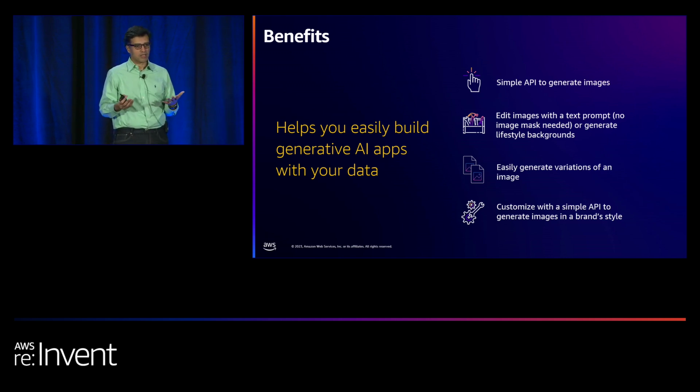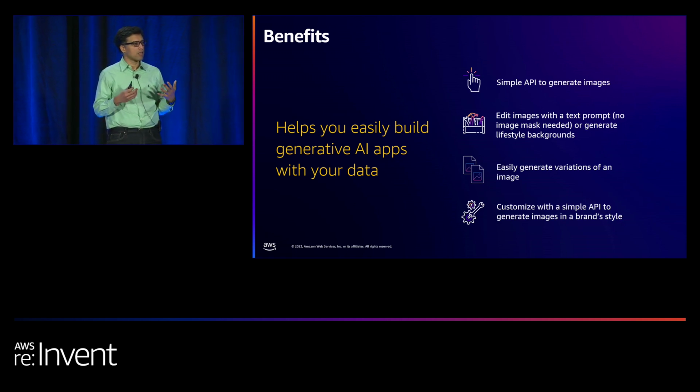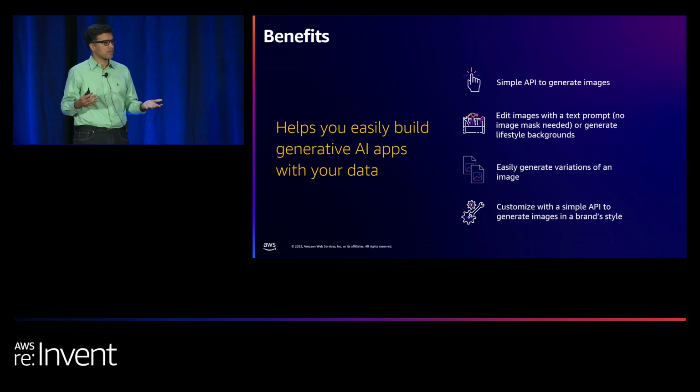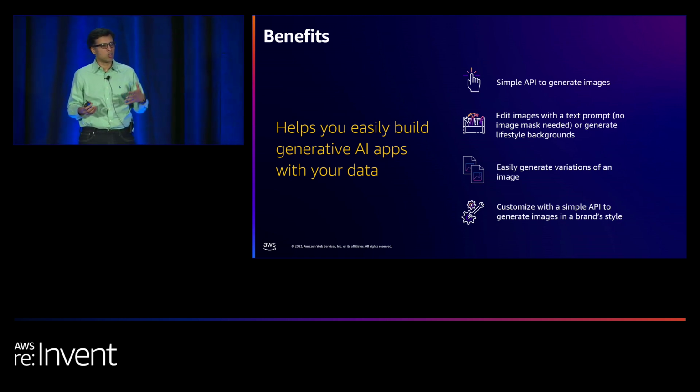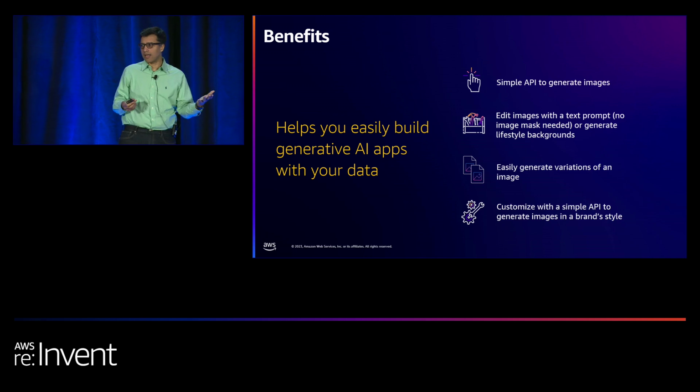We support around 8 to 10 different resolutions, all the way from 512 by 512 to 1024 by 1024. You're also able to play with different seeds, try different kinds of images, and generate multiple images at the same time. We provide all that as part of the API definition itself, so you can integrate it directly with your application and use it as part of your workflows.